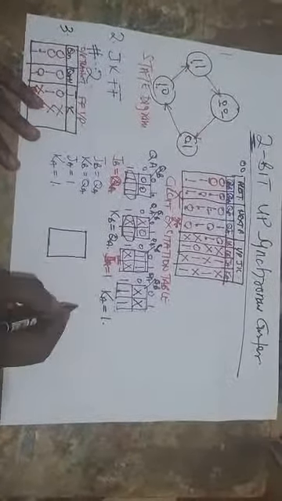So we are doing a JK flip-flop, 2-bit counter. B is my MSB. So this is my JA, this is my KA, this is my JB, this is my KB.